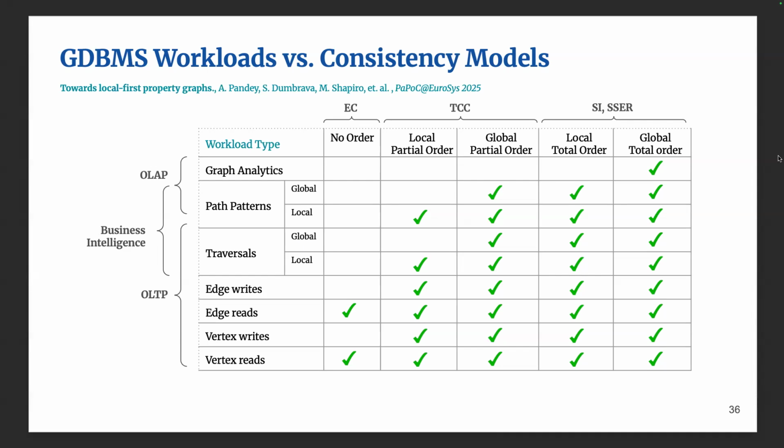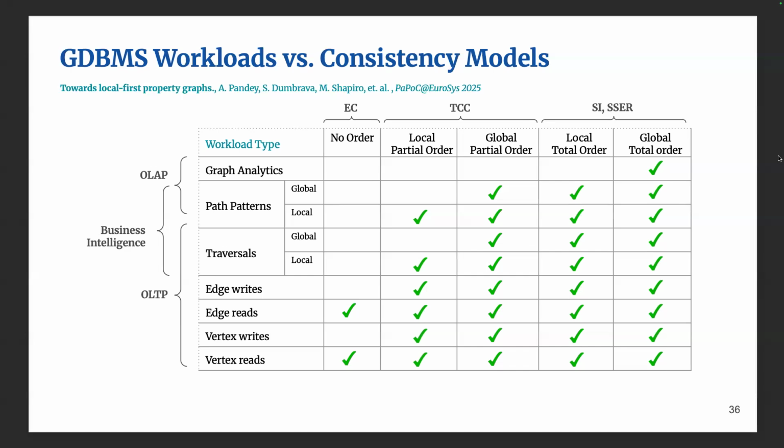So what happens with the different workloads? In the OLTP setting, we can have these reads even with minimal coordination and eventual consistency. So it can be very highly available if we allow for some degree of staleness. But as soon as we go to cases where we have writes, we would need TCC, transactional causal consistency.